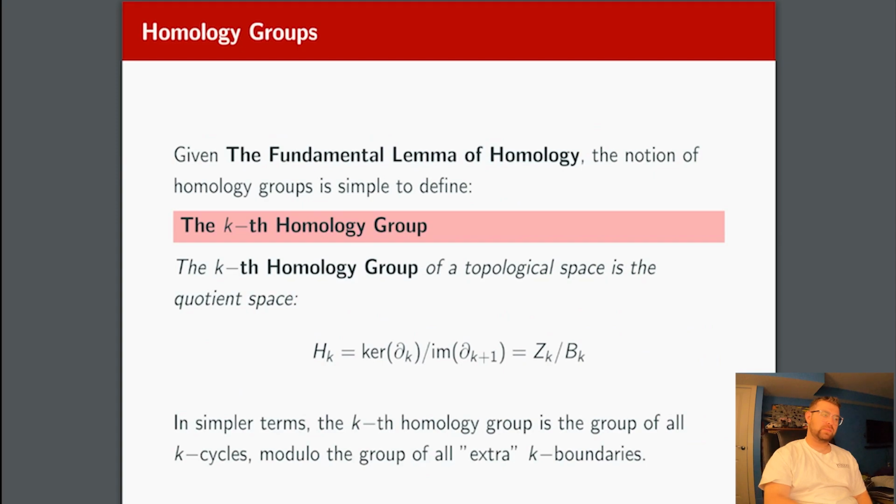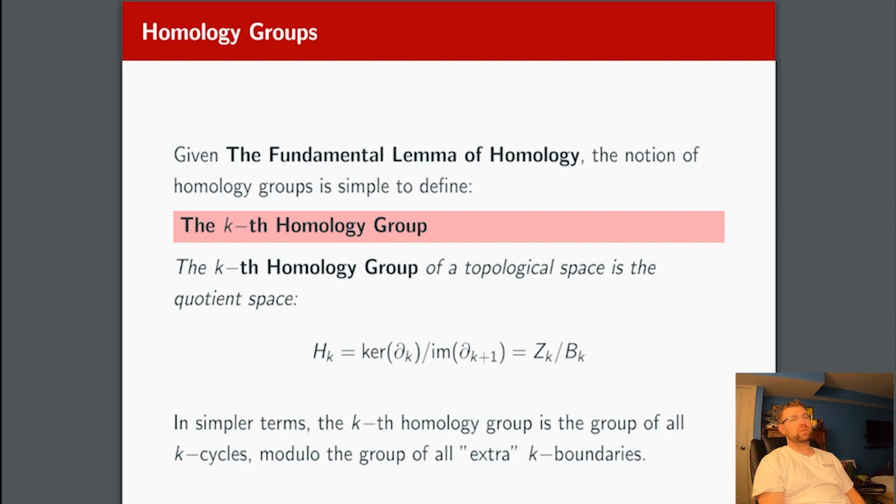So given this fundamental lemma of homology, we can now construct something called the kth homology group. The kth homology group of a topological space is the kernel of the kth boundary operator modulo the kernel of the k+1 boundary operator.